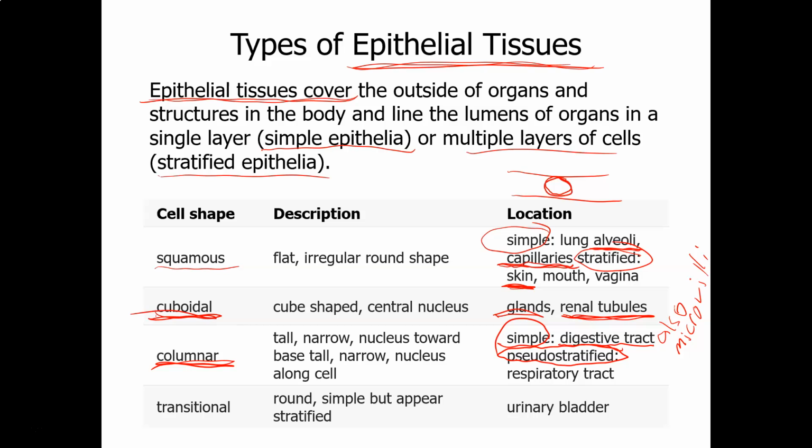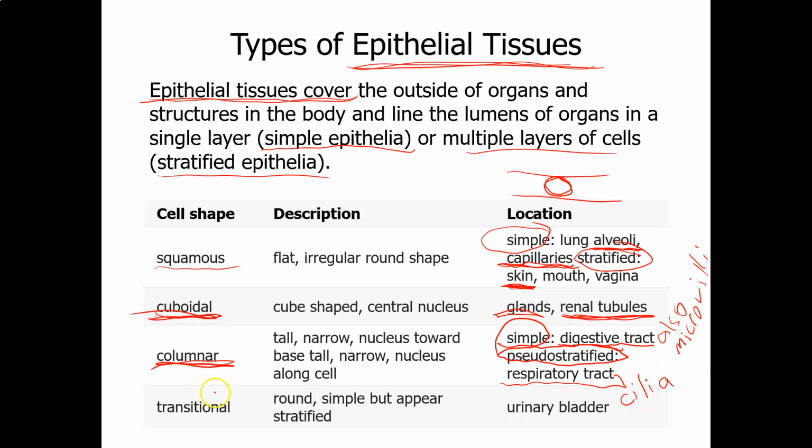And we find pseudostratified in the respiratory tract, and often pseudostratified contains cilia. So it is ciliated in the respiratory tract. That cilia sweeps up and out so that it can sweep mucus and harmful pathogens up and out of your respiratory tract so you don't get deep lung infections.